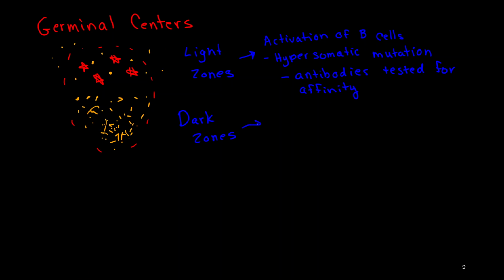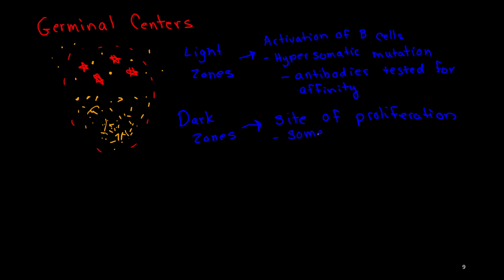The dark zone is the site of proliferation. The hypersomatic mutations may actually be happening down here in the dark zones where proliferation is occurring, but then the cells have to move up into the light zones to be tested for that. As they proliferate, they are going to also have one of two fates.